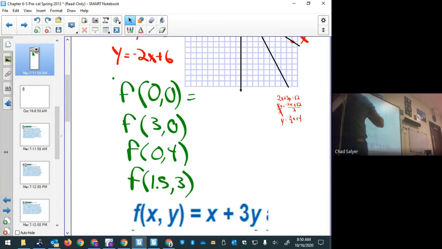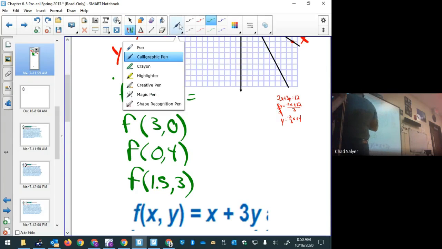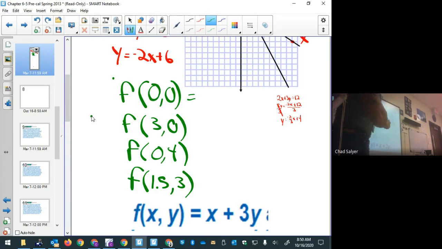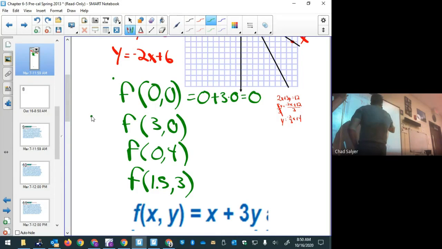We'll just use that as a guide here. I've got 0 plus 3 times 0 equals 0. So f of 0, 0 is 0.